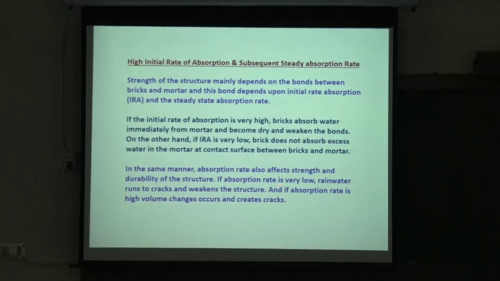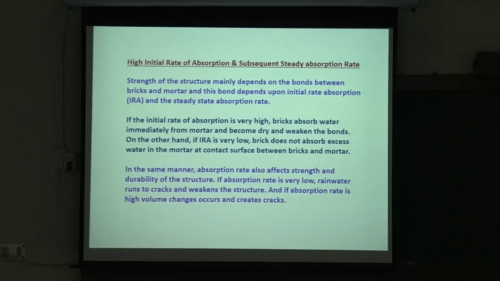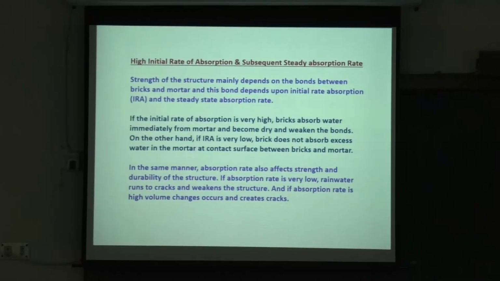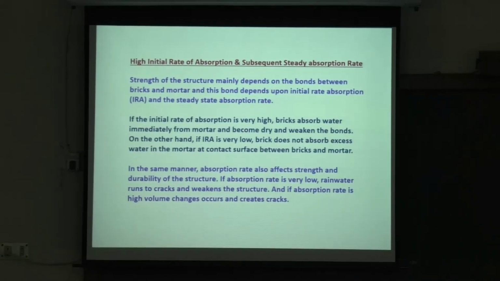If absorption rate is very low, rainwater runs to cracks and weakens the structure. So that means if the bricks cannot absorb the water, then rainwater runs through the cracks and gets absorbed there and weakens the structure.